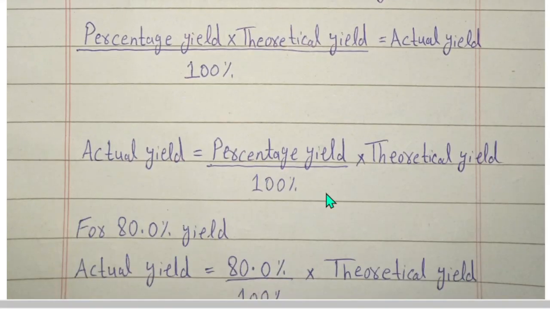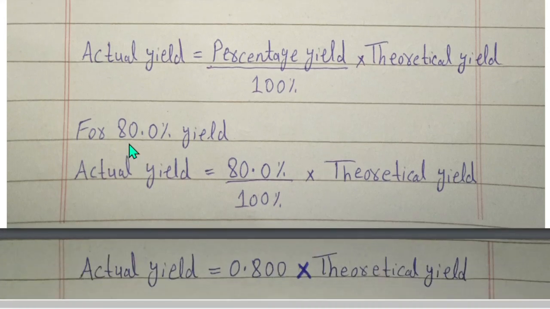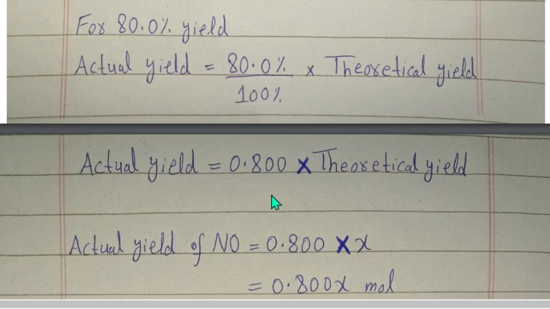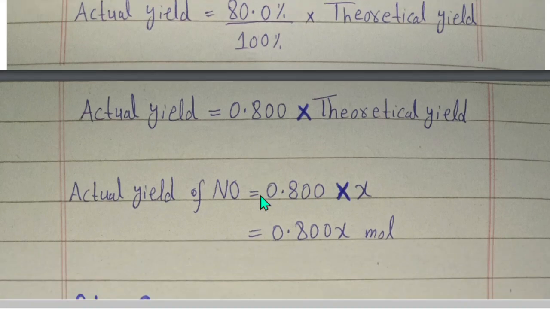For an 80.0% yield, this formula will be this, as there are three significant figures in the numerator and an infinite number of significant figures in the denominator. As 100 here is an exact number, there should be three significant figures in the answer. Remember that constants and other exact numbers do not affect the number of significant figures in a calculation as they have infinite number of significant figures.